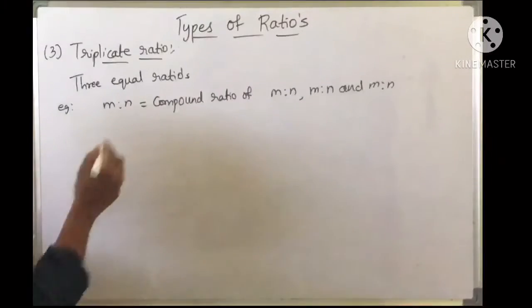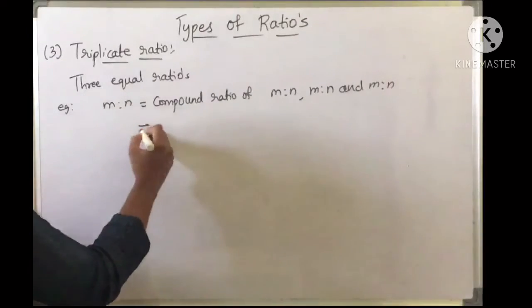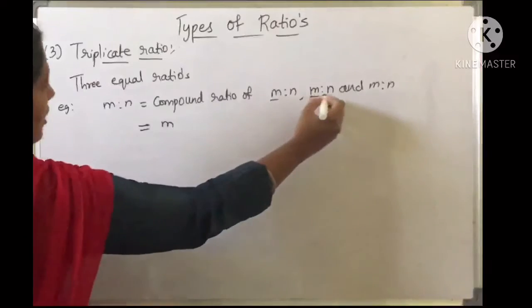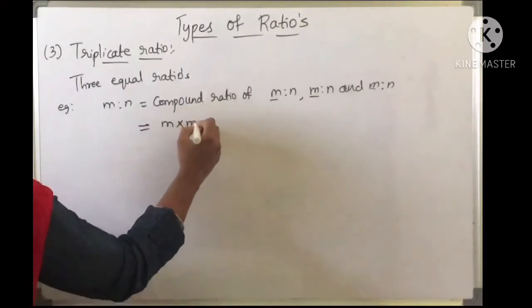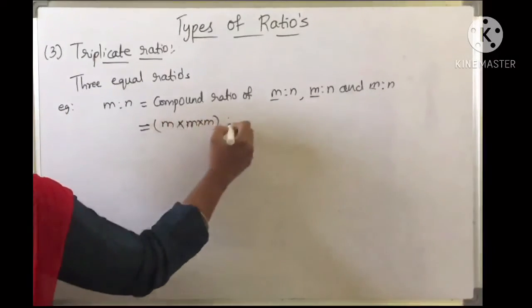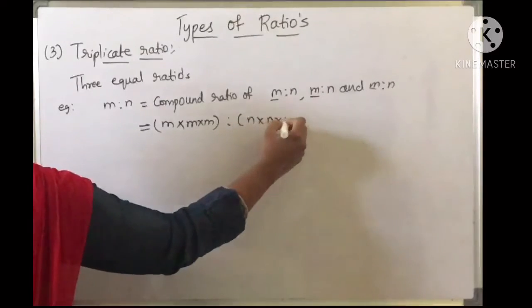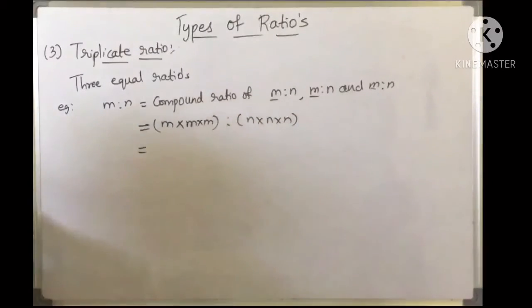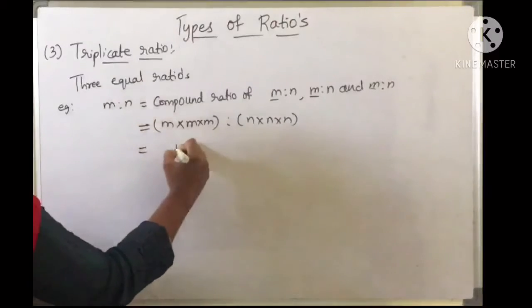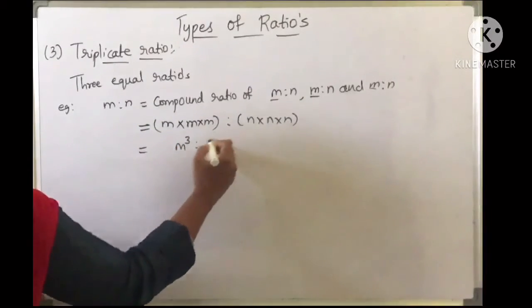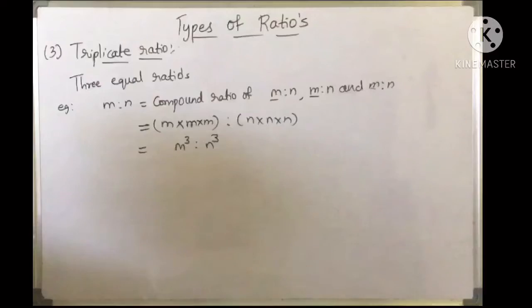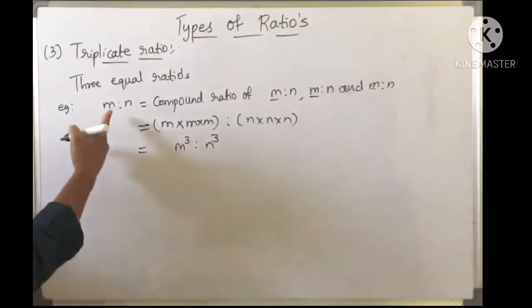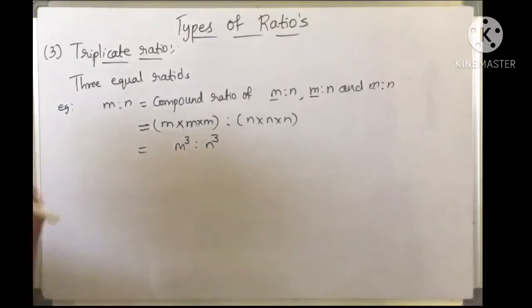So what are the antecedents here? m is the antecedent, so m into m into m is to n into n into n. So m into m into m is m cube, and n into n into n is n cube. So the triplicate ratio of m is to n is nothing but m cube is to n cube.